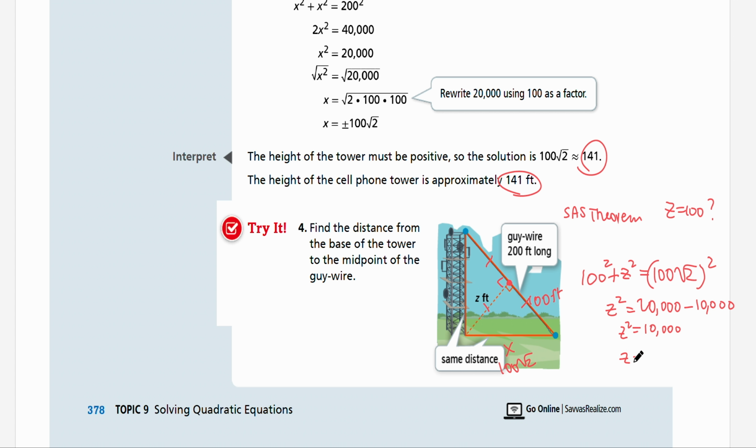And if you root it, you have plus or minus root of 100 times 100, so that's really equal to plus or minus 100. And the negative distance doesn't work. So 100 feet is what you're looking for. So that's 100 feet as well.